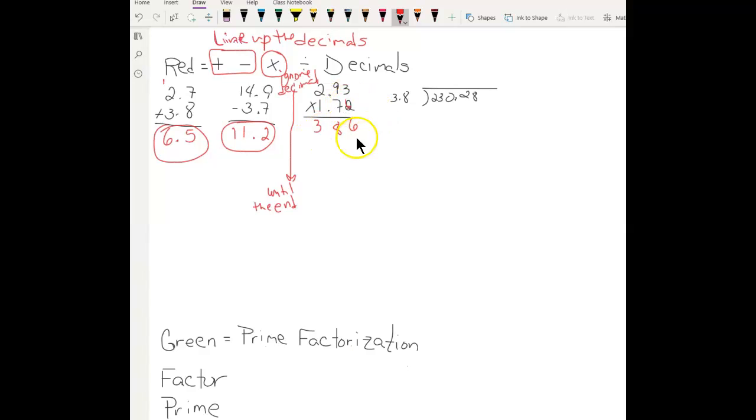I've done my 2, so I'm going to put a 0 because we're going in one space. 7 times 3 is 21, so we carry the 2. 7 times 9 is 63, plus 2 is 65. 7 times 2 is 14, plus 6 is 20.